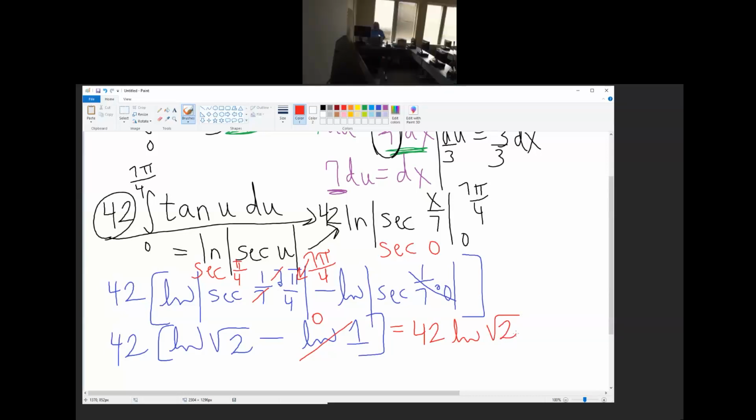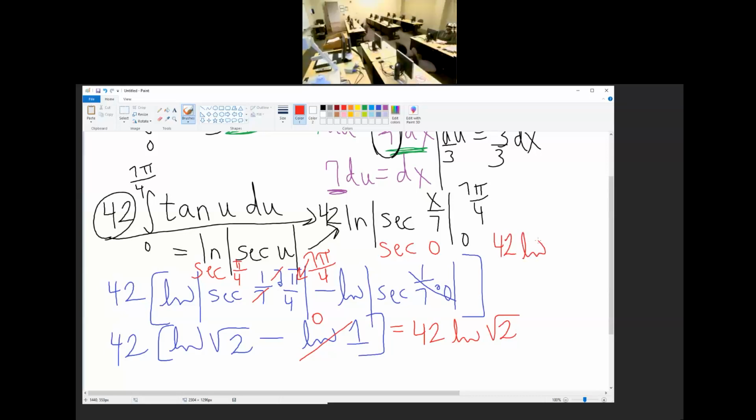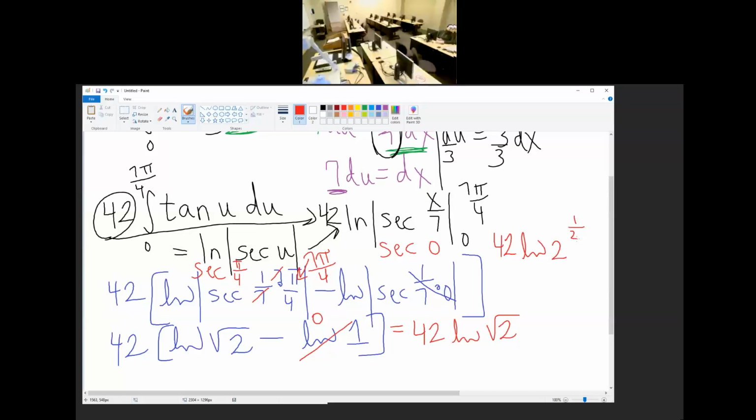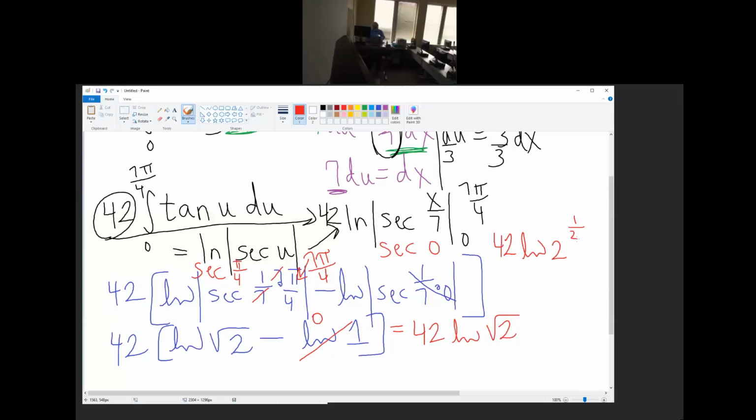Now, for me, you can leave your answer like this, but my math lab went a step further. Let me show you what my math lab did. They rewrote square root of 2 as 2 to the 1/2 power. And then my math lab used the exponent rule for natural logs and moved the 1/2 to the front and multiplied it by the 42.